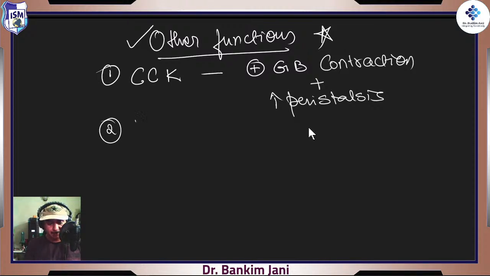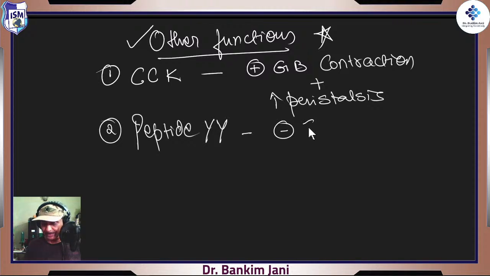Then see that peptide hormone, peptide YY, right? It will act on ghrelin. Ghrelin was the hunger hormone, right? So now we are no more hungry. Now there is so much fat and protein, everything, right? We have consumed so many pizzas.